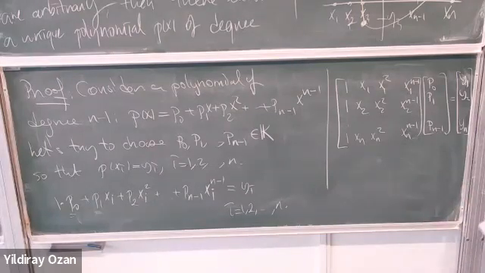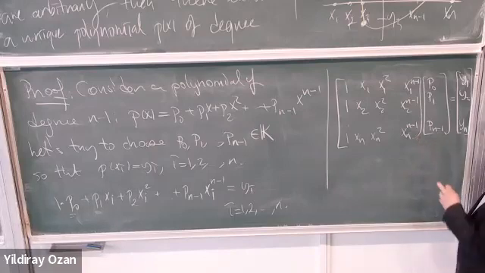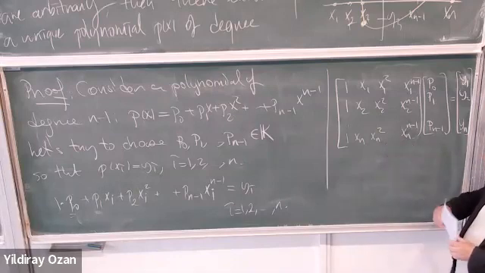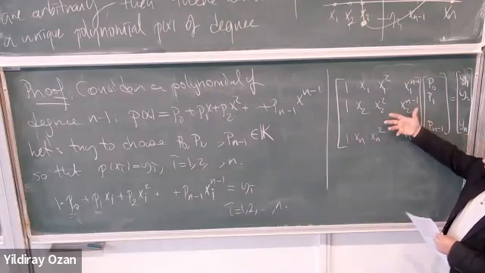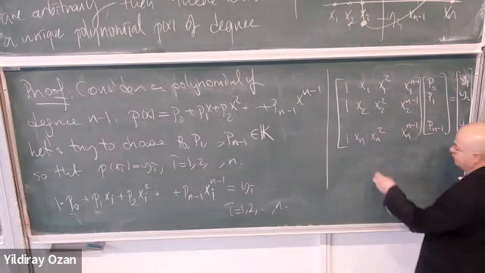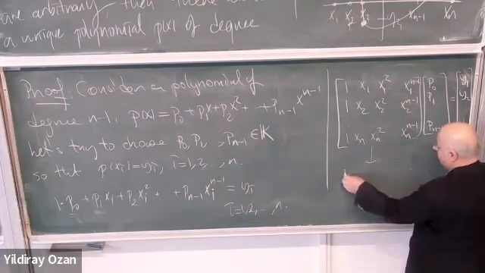Okay, now what is this matrix? This is the Vandermonde matrix, but actually it's the transpose, right? If you take the transpose, you get that matrix. But the determinant doesn't change. What is the determinant of this one?